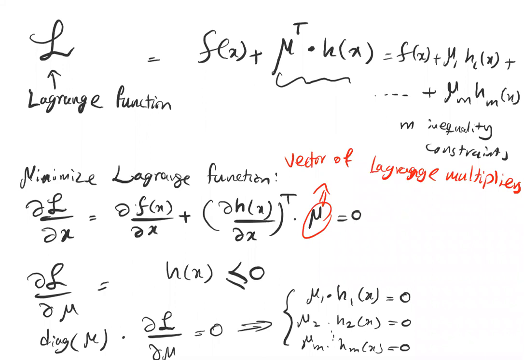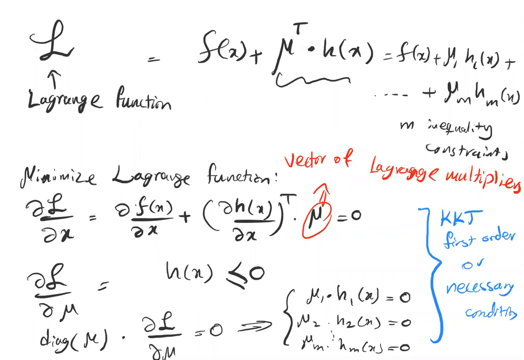So these are the KKT first order or necessary conditions.